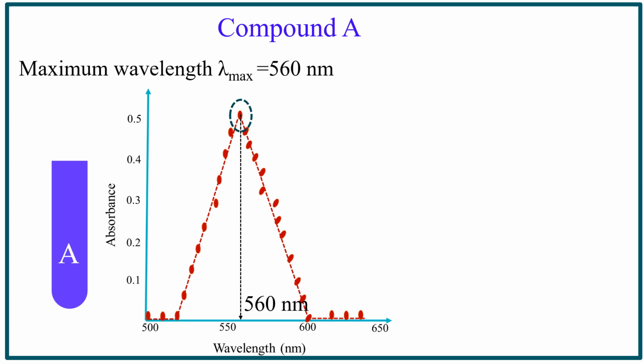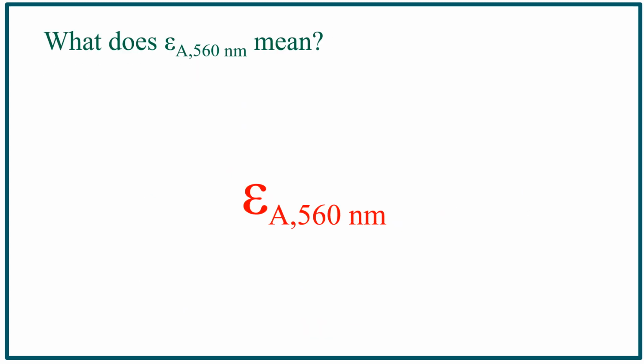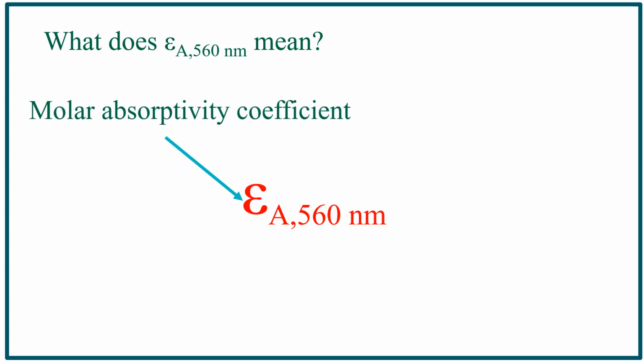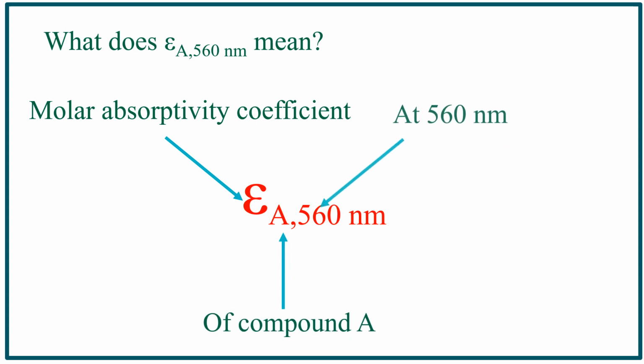Then we can calculate the epsilon A at 560 nanometer using Beer-Lambert's law. What does this epsilon A 560 mean? That is the molar absorptivity coefficient epsilon of compound A at 560 nanometer.